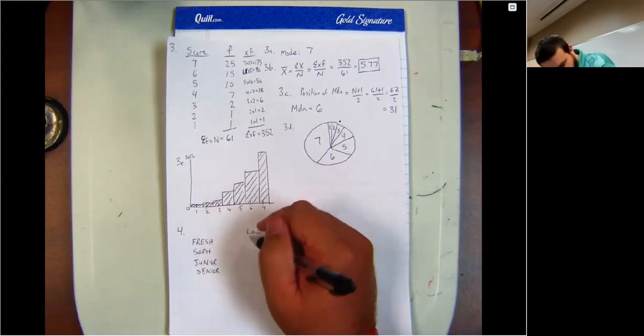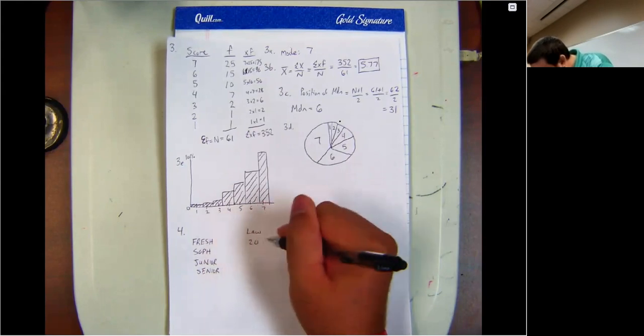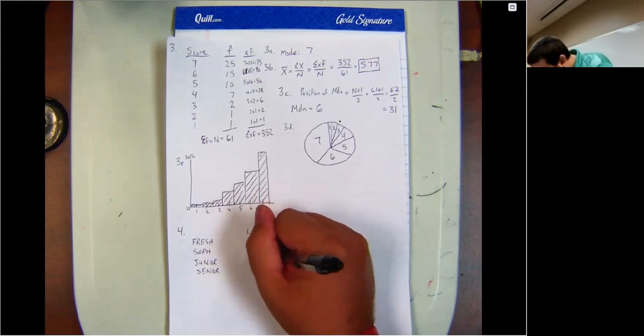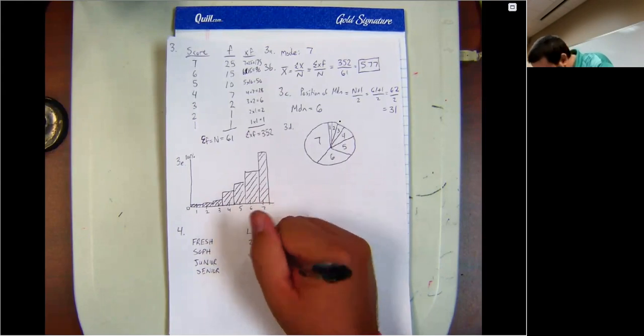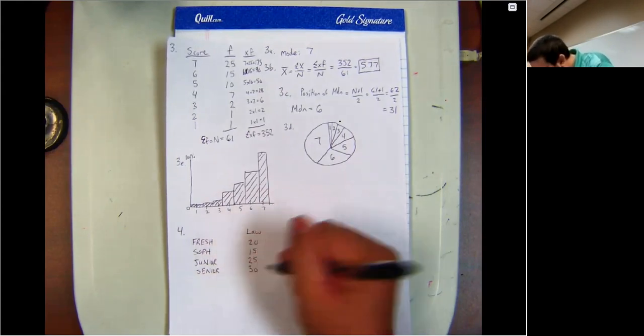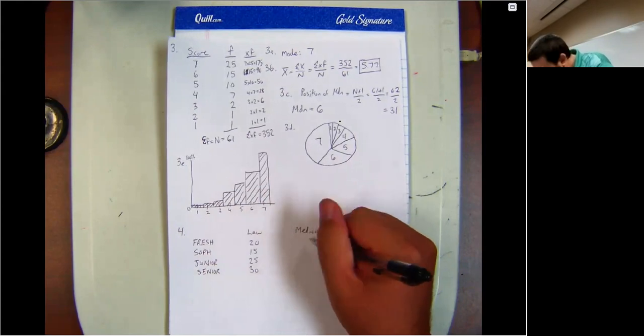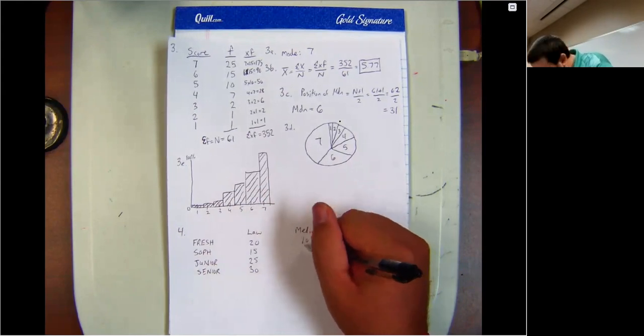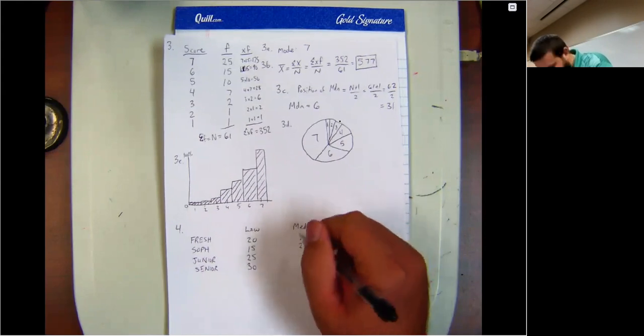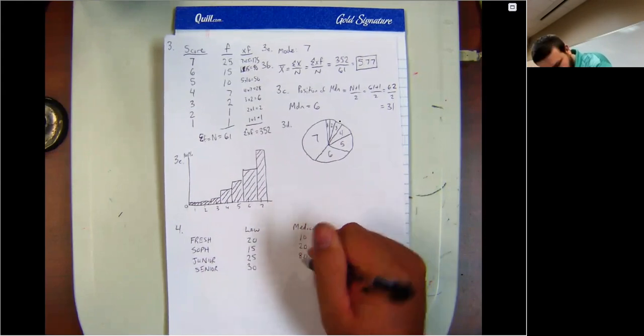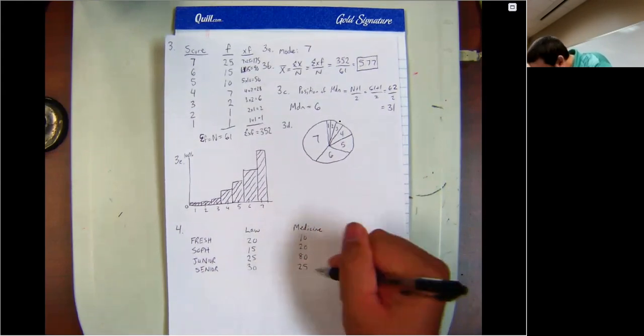They have 20 freshman law majors, 15 sophomore law majors, 25 junior law majors, and 30 senior law majors. Then for medicine majors, there's 10 freshmen, 20 sophomores, 80 juniors, and 25 seniors.